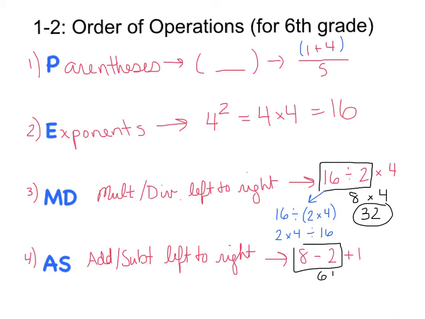So I would get 6 plus 1, which equals 7. And once again, like the multiplication, if I did want to do the 2 plus 1 first, I would need to write it as 8 minus parentheses 2 plus 1, in which case 2 plus 1 would be 3, and 8 minus 3 would equal 5. So pay close attention to the order of operations.